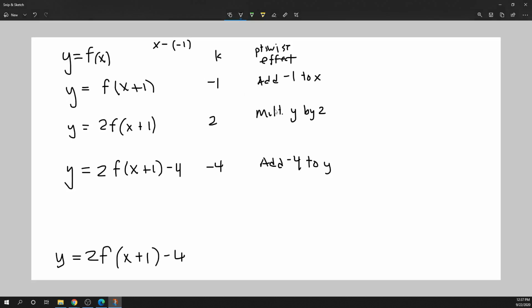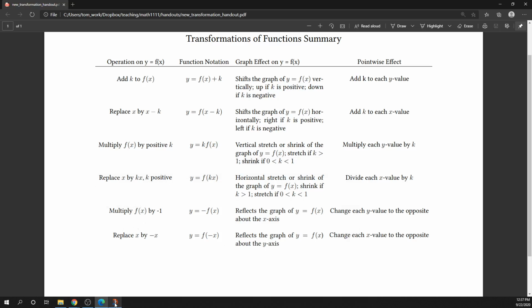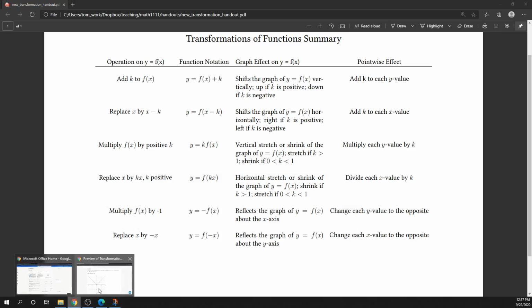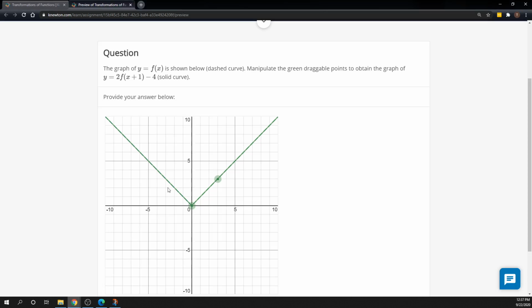Now we know which of these pointwise effects are going to be applied. What we would do is go back and look at our graph and the points that were given. Again, make sure you line up the graph you can move with the one you're given. Our points here are 0, 0, and 3, 3.